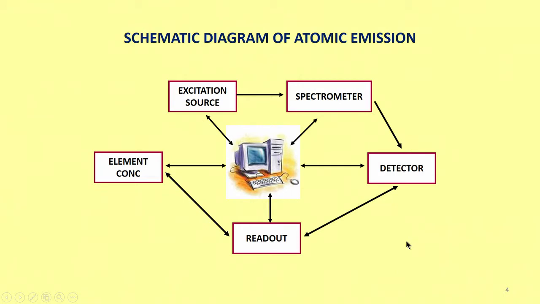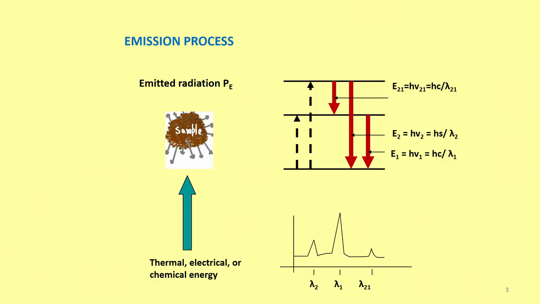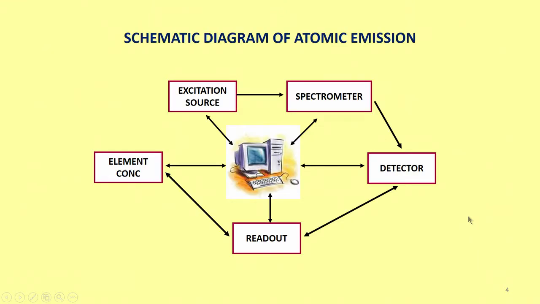Now, if I have to make a spectrophotometer out of this simple previous arrangement, what all things do I need? These are the things I need. First, I need an excitation source. Okay. Now, from now onwards we are going to talk only about atomic emission, ICP atomic emission spectrometry.